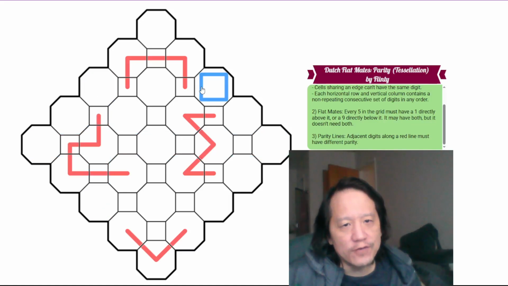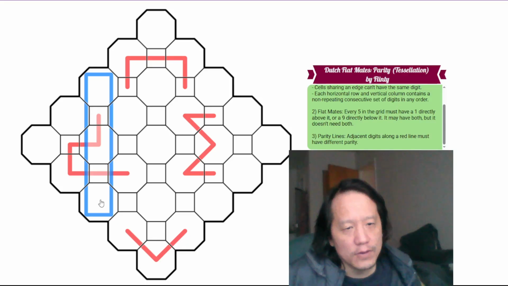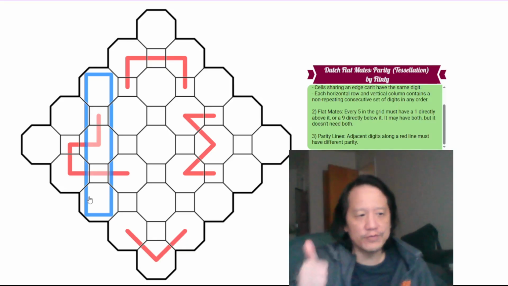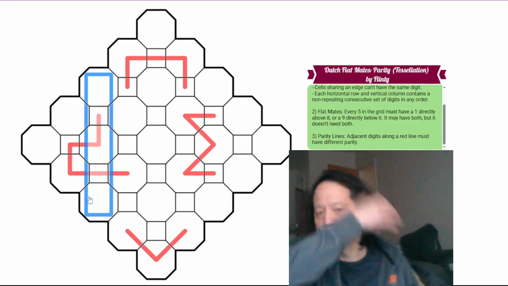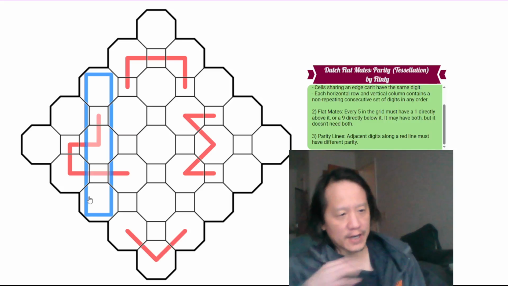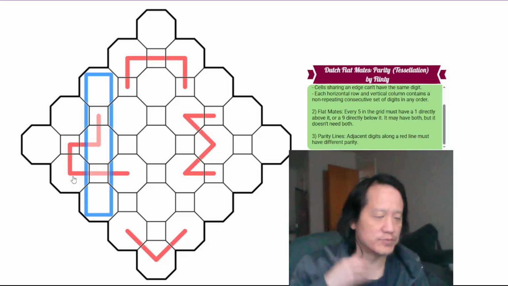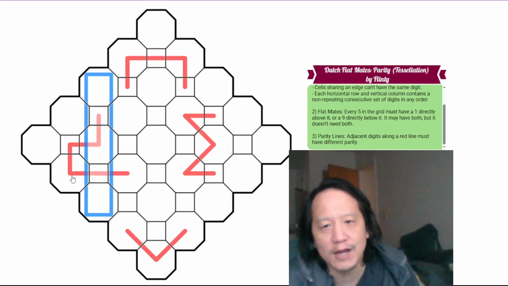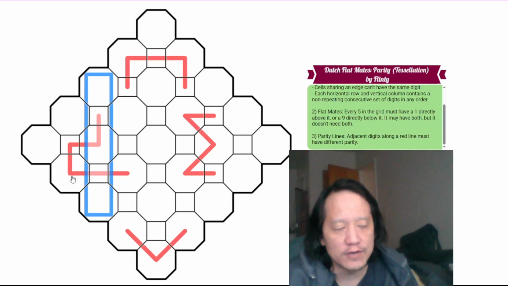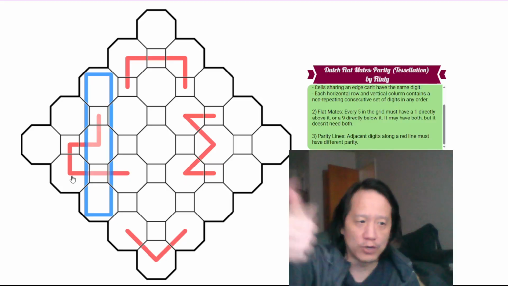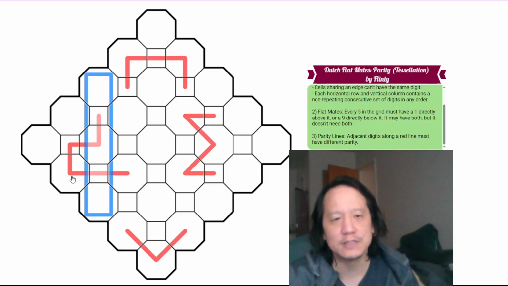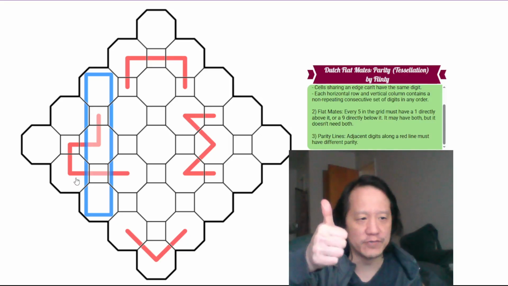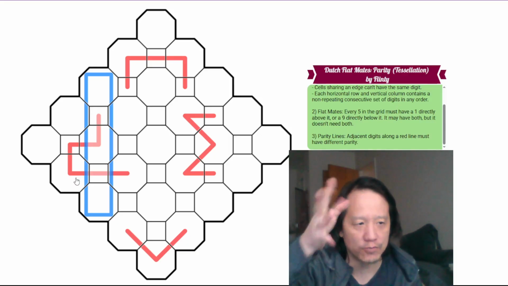So for every column, you're guaranteed to have either 1 through 5 for the 5 cells, or 5 through 9. For the 7 columns, you're guaranteed to have 1 through 7 or 3 through 9, because you have to have a 5 in each of those columns, and they must have a 1 above it or a 9 below it. Right? If you have a 1 above it, that means the 5 digits you have are 1 through 5.